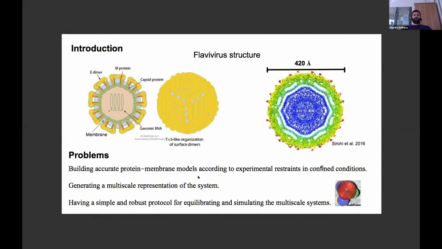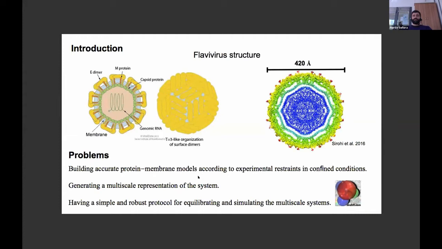Flaviviruses share a common structure composed of a capsid inner core surrounding the genomic RNA. These viruses contain a lipid membrane, and embedded in their bilayer, there are 180 copies of envelope and membrane viral proteins arranged in an icosahedral symmetry, taking a T=3-like organization of heterodimers.